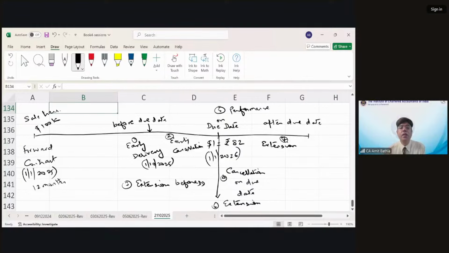So you have extension before due date, on due date, and then extension after due date, right? Now, extension after due date is also known as late extension.